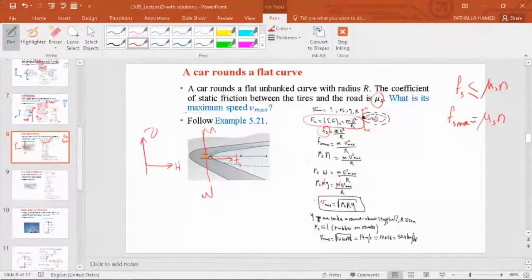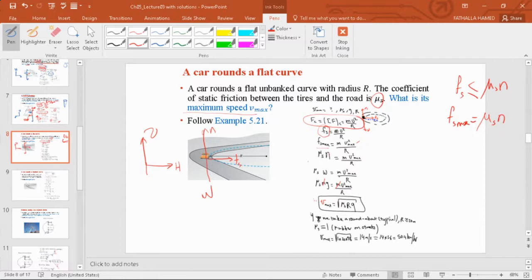Now they asked me about the maximum speed. Whenever you increase your speed, the static friction will increase, but there is a point when you reach the maximum, and that's it. You lose that attraction. That's why we said that when we achieve the maximum static friction, we will get the maximum speed that we can go around the circular track.